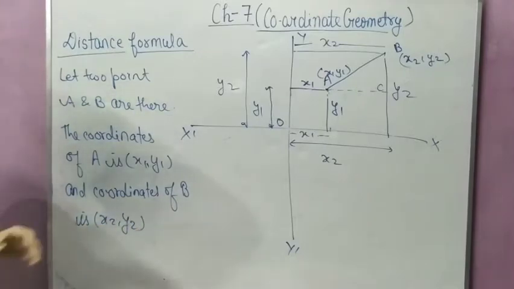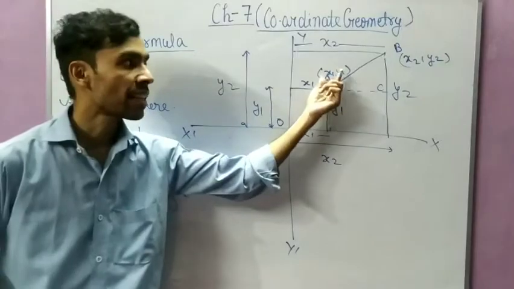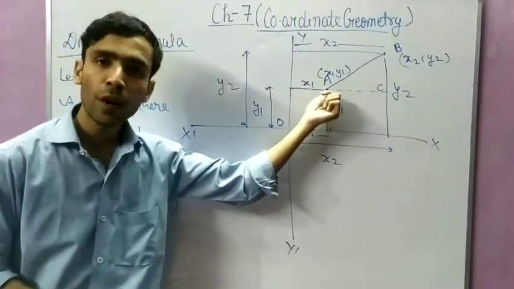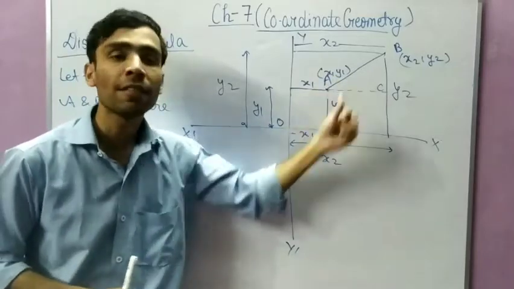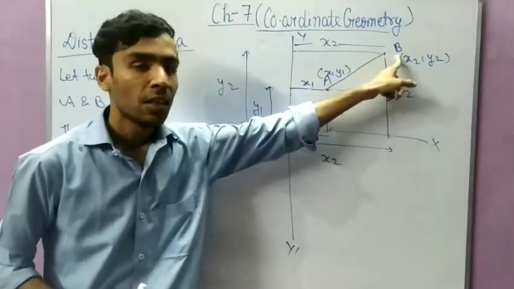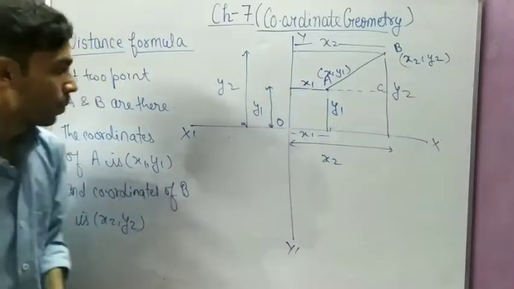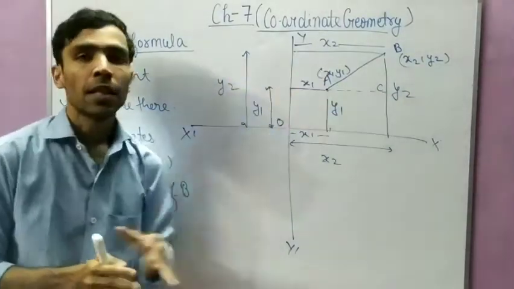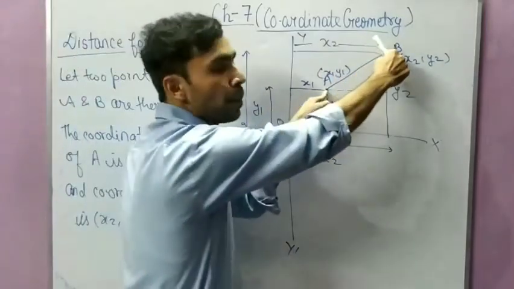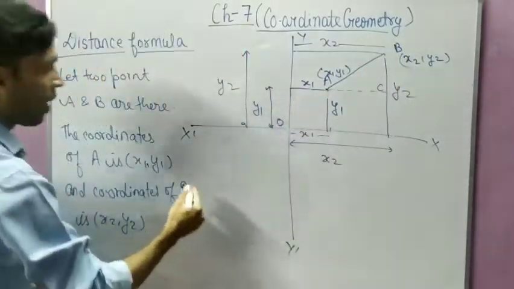Okay, I told you the coordinates of A is x1 comma y1 because A is a point and a point has its own coordinates. The second point is B, so its coordinate is x2 comma y2. So what do we have to do? We have to find the distance between A and B. It means that we have to find this AB. So what we will write, student, afterwards?